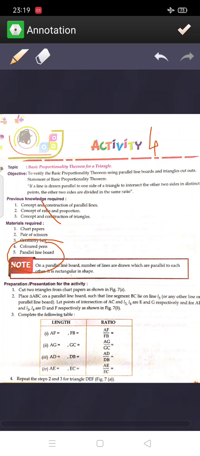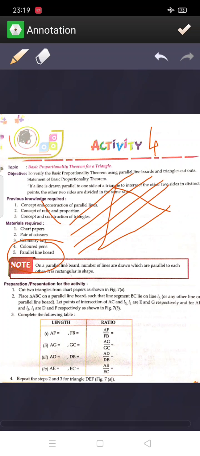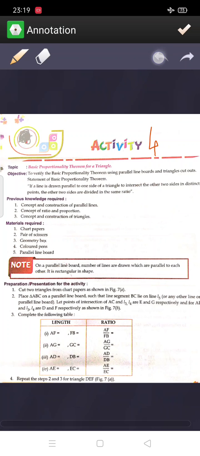Students, you do not have this back at home, so we are going to use a plain scale, and we are going to draw certain lines over this triangle, and check whether this statement really satisfies our activity or not. Correct? Now, you can omit this parallel line board, you need not write it. Preparation, you can omit this word.